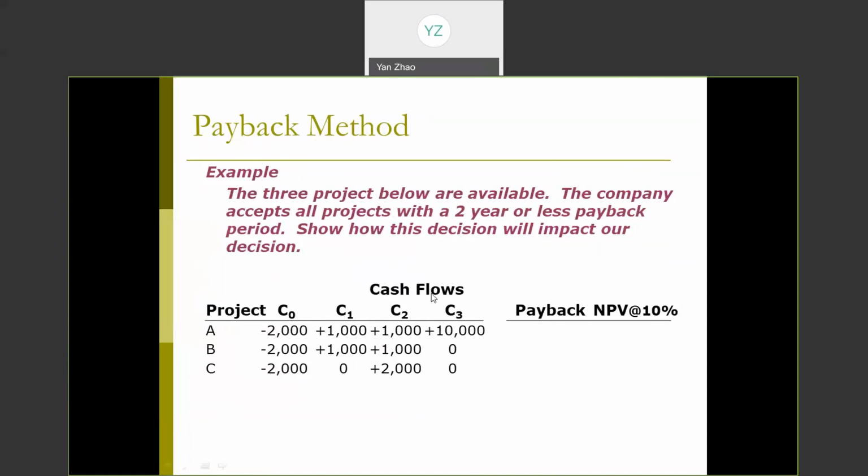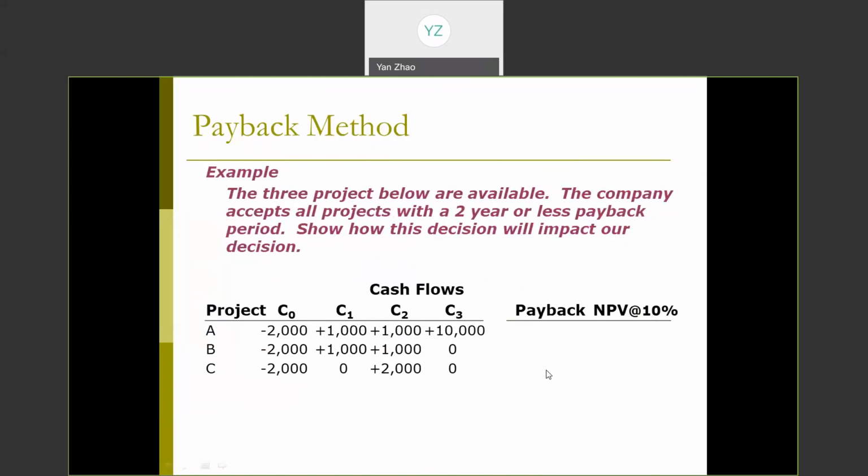Project A has $1,000 in year 1, another $1,000 in year 2, and $10,000 in year 3. Project B, $1,000 in year 1, $1,000 in year 2, 0. Project C, 0, 2,000, 0.